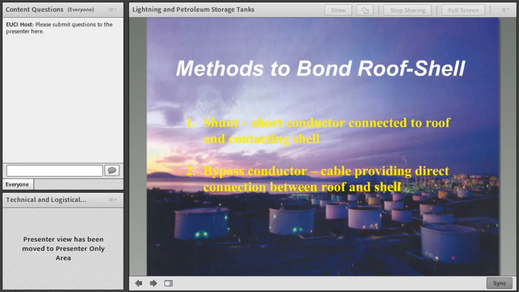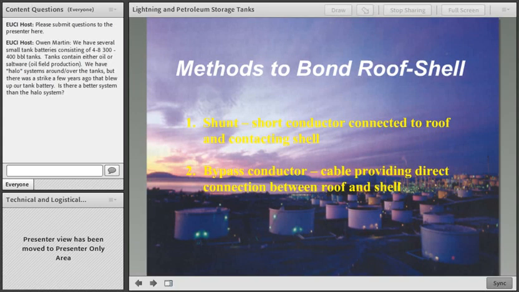There are two ways or two methods to bond the roof and the shell on a floating roof tank. Number one, a shunt. As I said earlier, a shunt's a piece of steel that has some spring to it, and one end is bolted to the roof, and the other end contacts the shell on the inside of the tank.